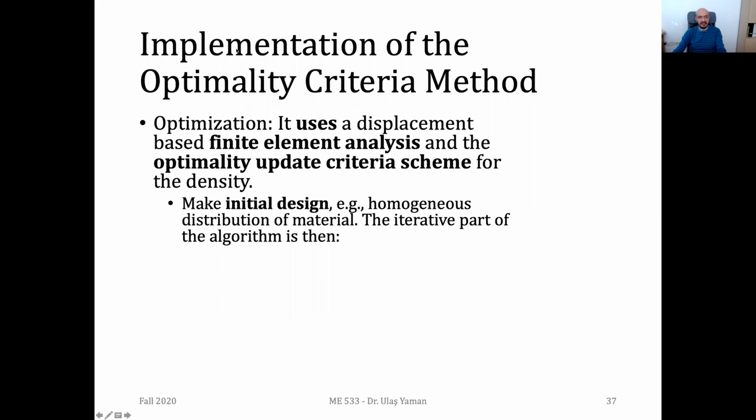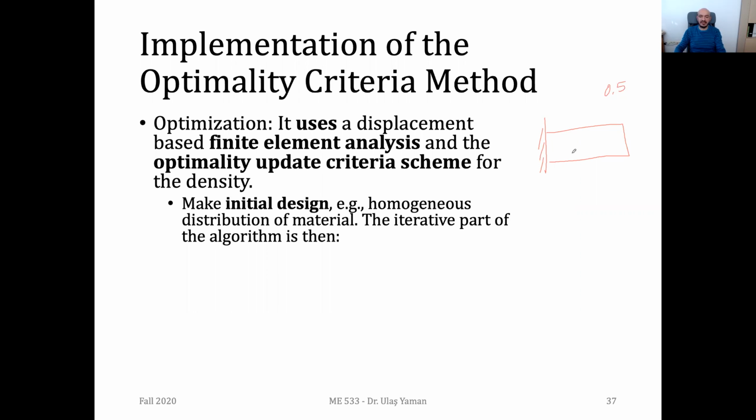So at the beginning of the optimization, we have an initial design. What we do is distribute the material in a homogeneous way. So let's say this is our cantilever beam, and let's say the problem is that at the end of this optimization, you can only use half of your overall volume.